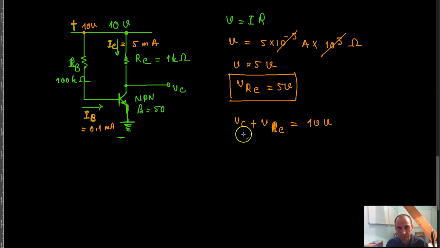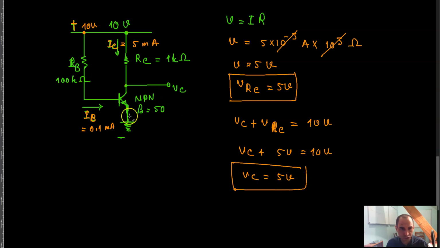Now V of C E plus 5 volts is equal to 10 volts. Therefore, V of C E is equal to 5 volts, and there is a 5 volt voltage drop across the collector emitter junction of this transistor.